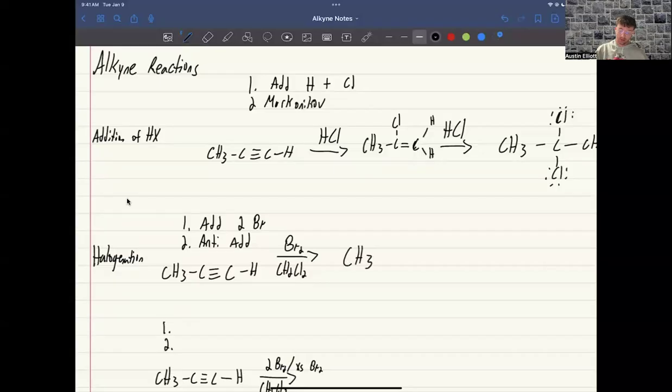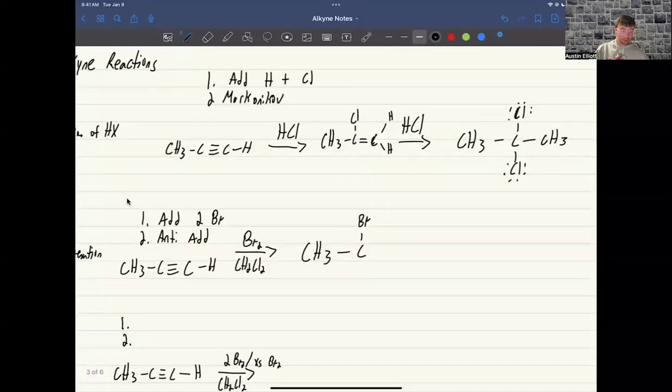We have our CH3 here, C. So one Br is going to be right here. Going to keep the double bond like this. The other one's going to be going down.